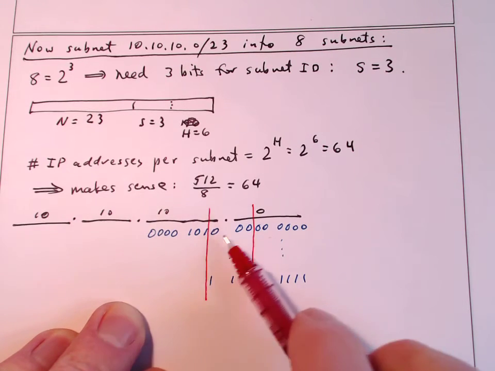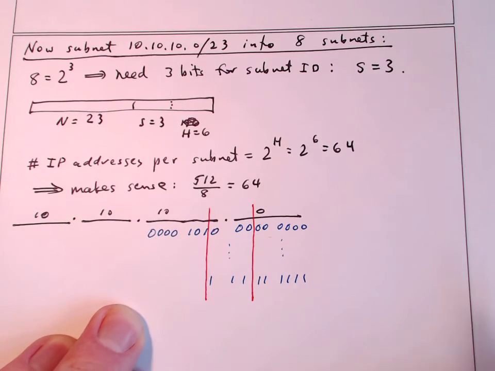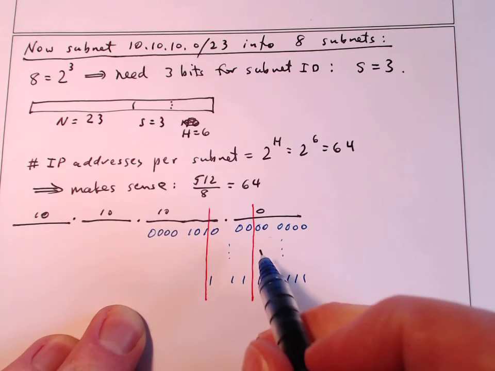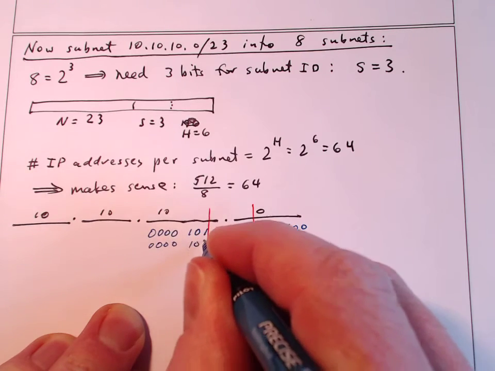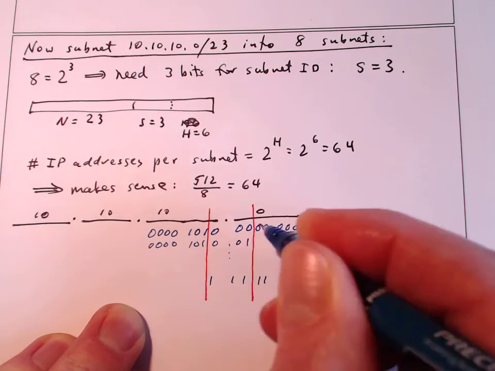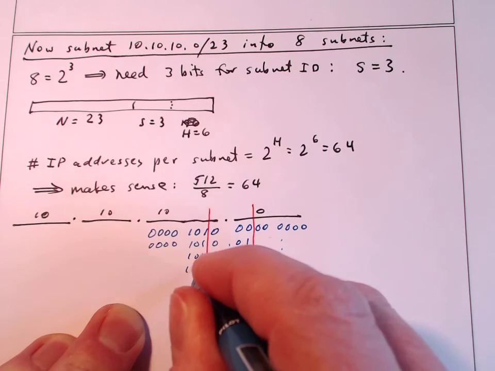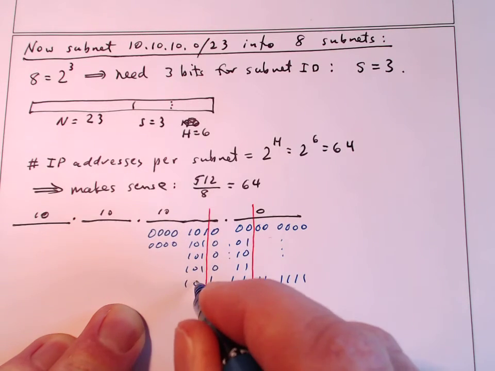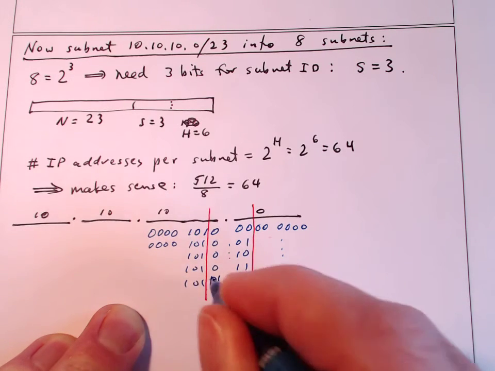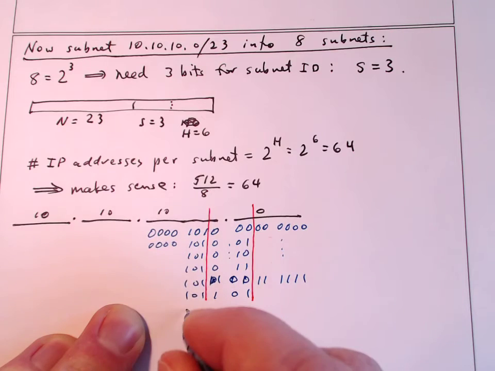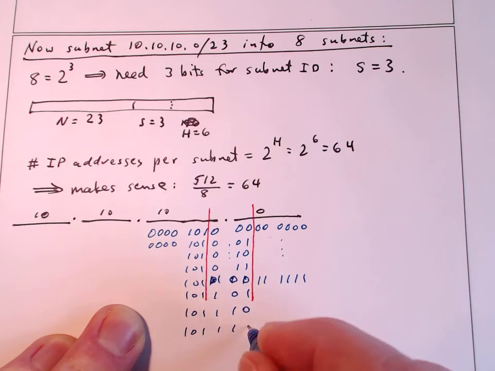Well, we can do that in binary form if we want. We can write out the 3 subnet bits, and there are going to be 8 of them: 000, 001, 010, 011, 100, 101, 110, 111.